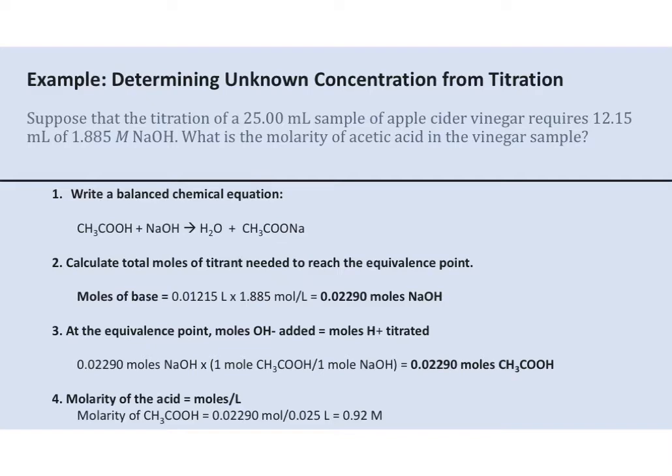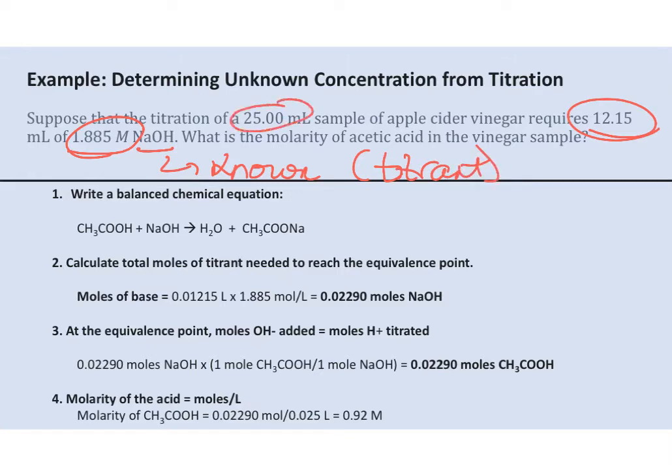In an example, you will always be given the volume and the concentration, molarity, of the known substance, okay, the titrant, the stuff in the burette, okay? And you will be given only the volume of the analyte, or the unknown, because you're trying to figure out the molarity of the unknown, right?